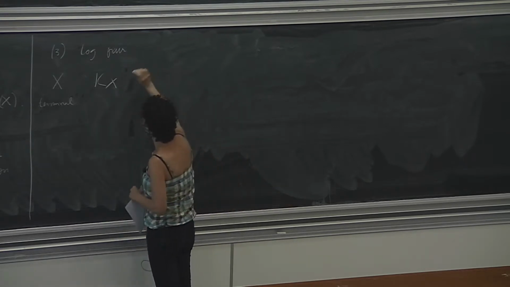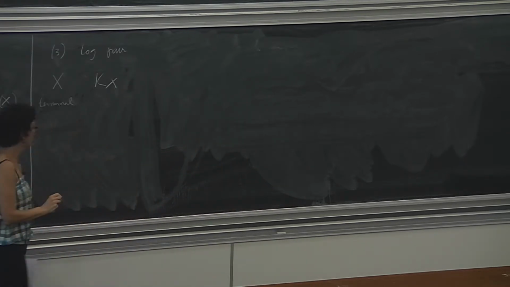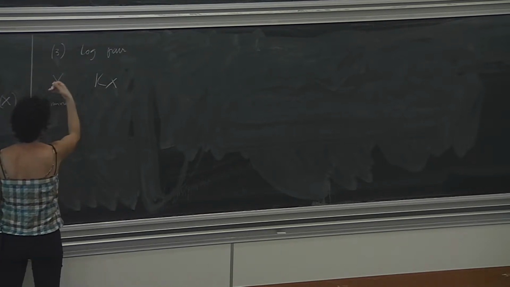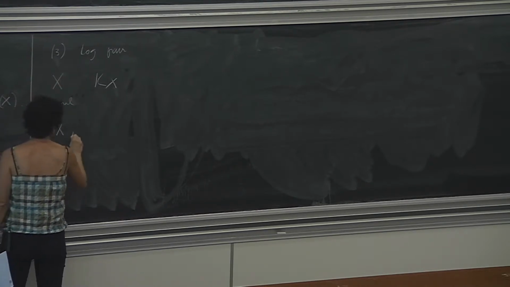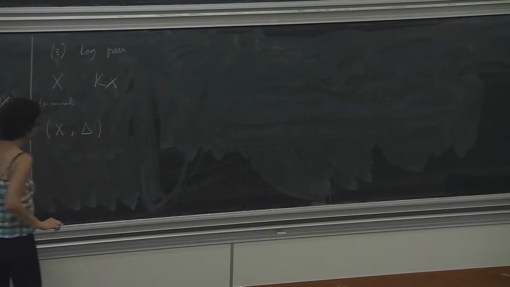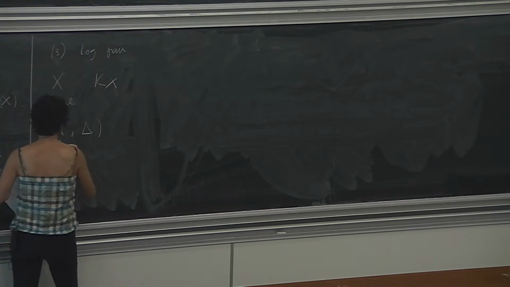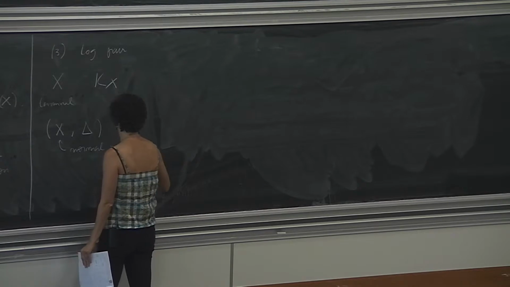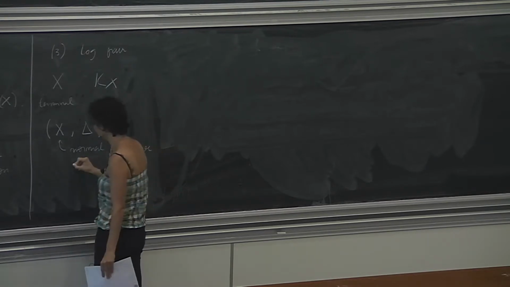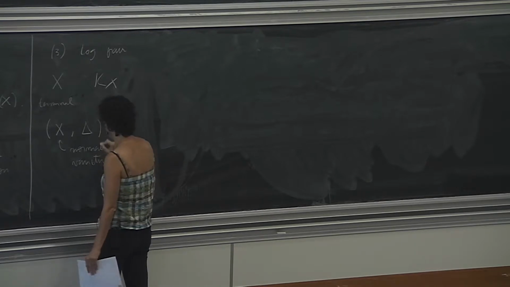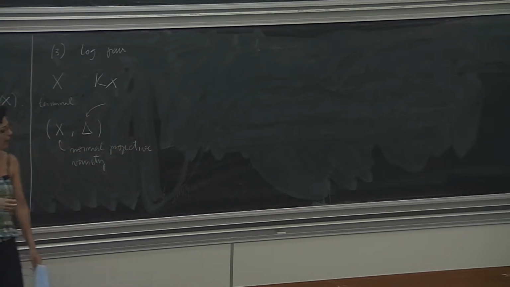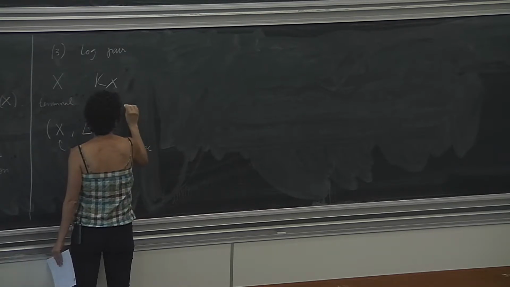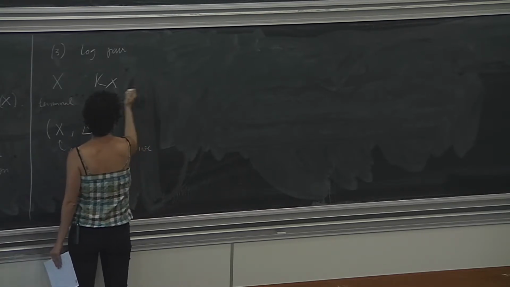were the minimal set of singularities that we have to allow in order for the program to work. Now, a log pair, we are going to extend this to the following setting. Instead of considering a projective variety X, we are going to consider a pair, (X, Δ). So X is going to be a normal projective variety. And Δ, well, you can put some restrictions on that or define it more generally, but say for me, this is going to be an effective Q-divisor.